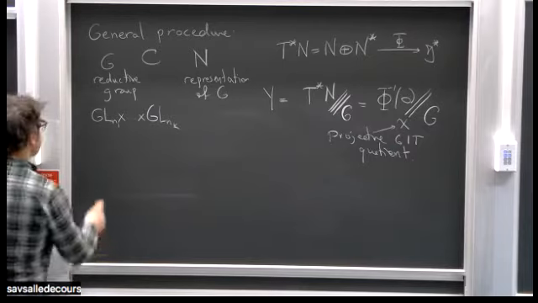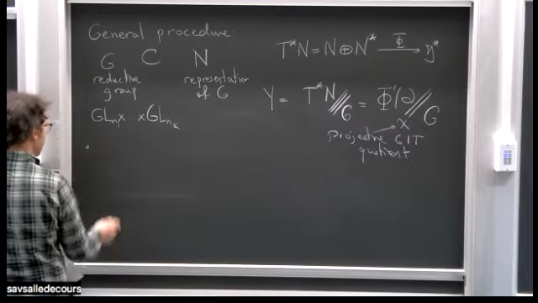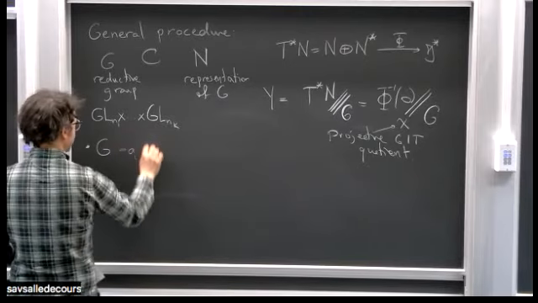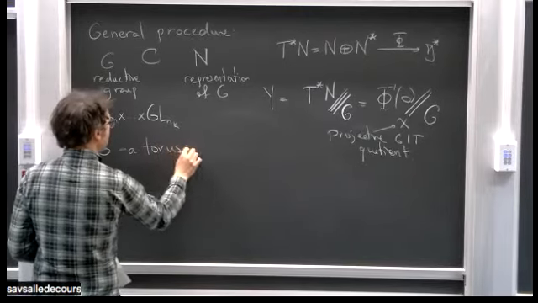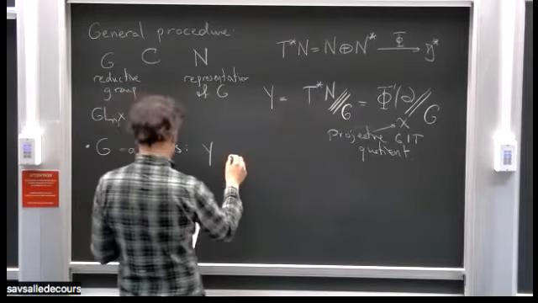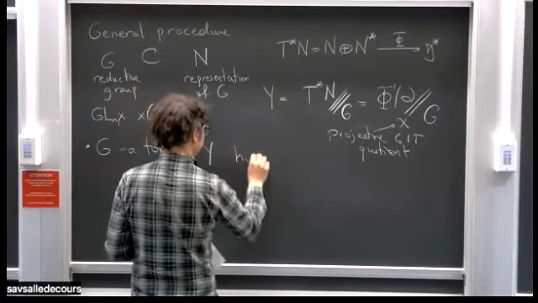There are two special cases of this general construction which are very useful. One is when G is a torus. In this case, Y, the thing you get from this symplectic reduction, is called a hypertoric variety.